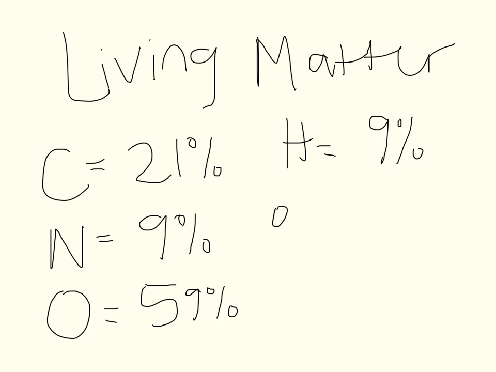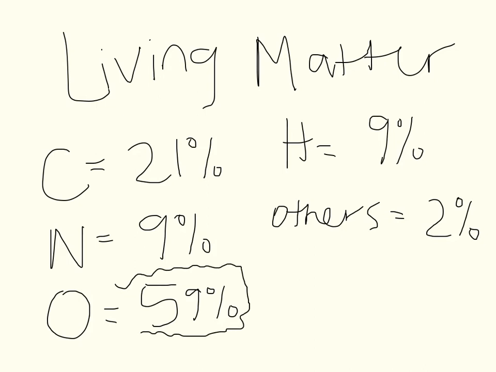And for the other elements that scientists aren't too sure about, we're just going to put 2% for the other elements that we haven't exactly pinpointed. As you can see, oxygen makes up the majority of living matter, and I want you to put a squiggly line around it like this. That's how I know you know that oxygen makes up most of living matter.